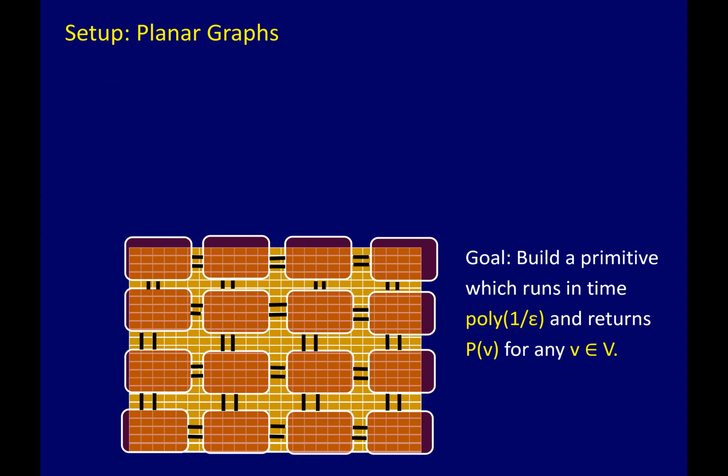So you're given as input a vertex v, and I want you to return the piece P(v) in time polynomial in 1/epsilon. Notice I am asking you to give me a local implementation of such a procedure. I allowed only polynomial in 1/epsilon running time.